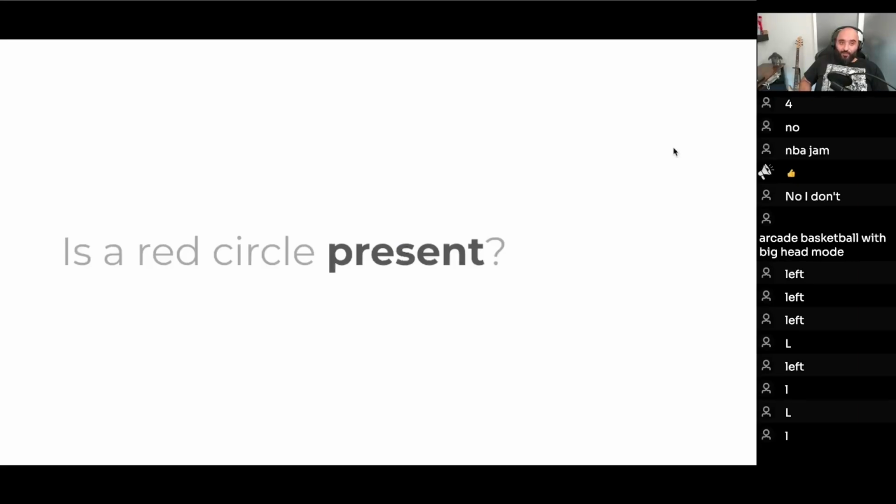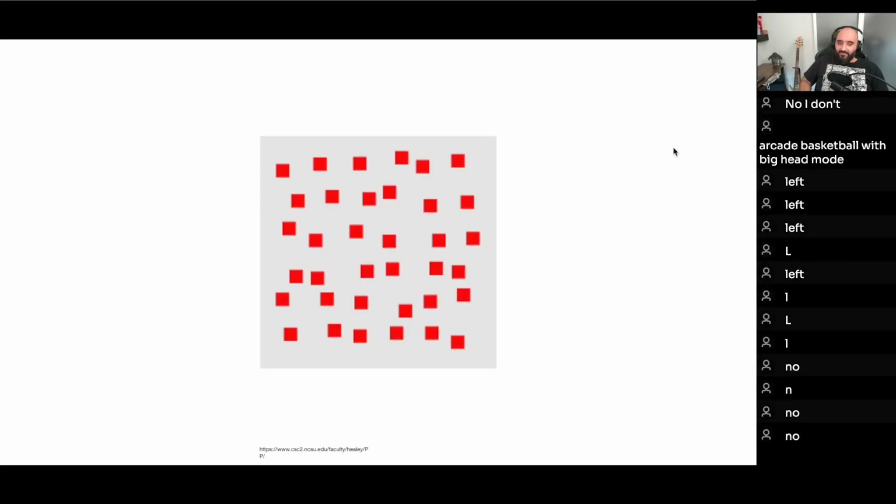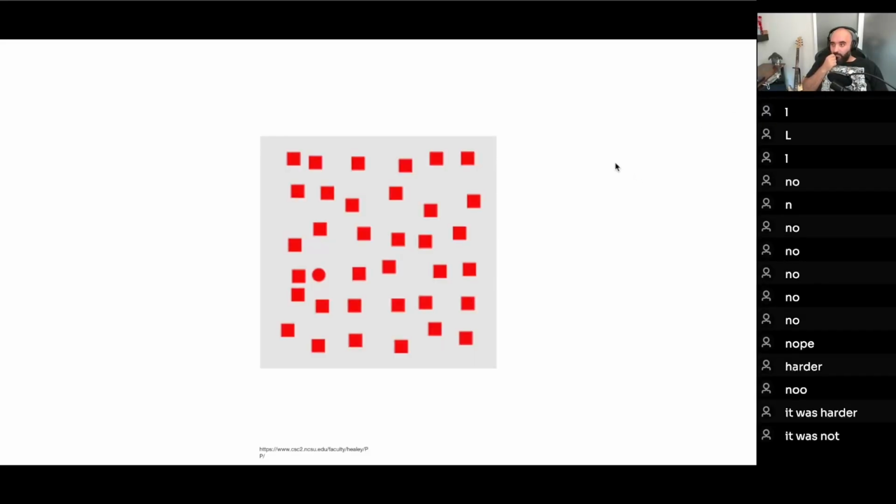Is a red circle present? Was it easier than the previous one to find? No, it wasn't. It was harder. Is there a red circle present?